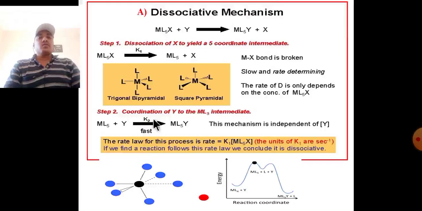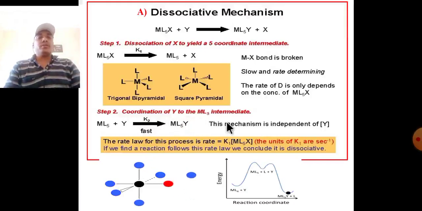In the second step, coordination of Y to the MLβ‚… intermediate, MLβ‚… plus Y, is a fast reaction giving MLβ‚…Y. This reaction does not depend on the incoming ligand Y. The rate of the whole dissociative mechanism is equal to k into MLβ‚…X.